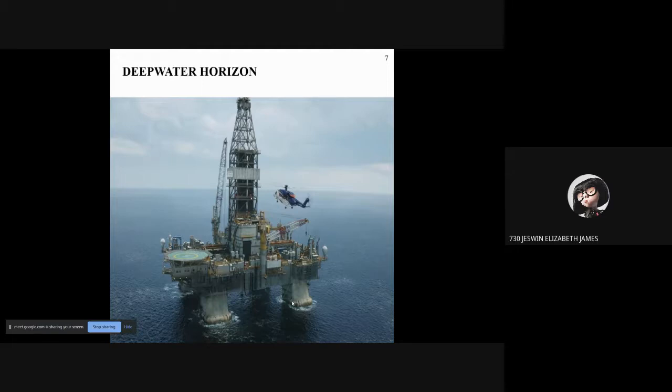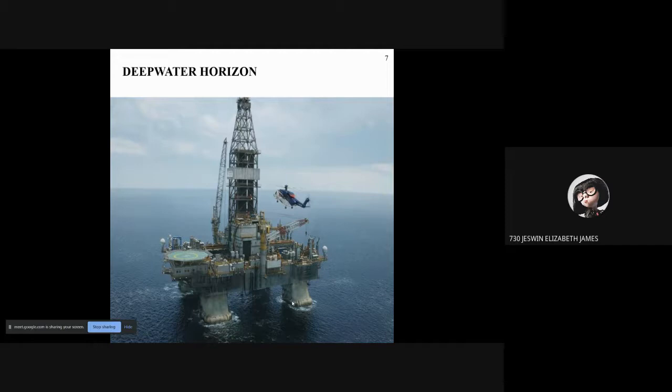Now we can look into our case, which is the Deepwater Horizon. The Deepwater Horizon was an ultra deep water offshore drilling oil rig, which was owned by a company named Transocean, and it was located in the Gulf of Mexico off the coast of Louisiana. The construction of the oil rig started in December 1998, and finally the completed rig was delivered on 23rd February 2001.